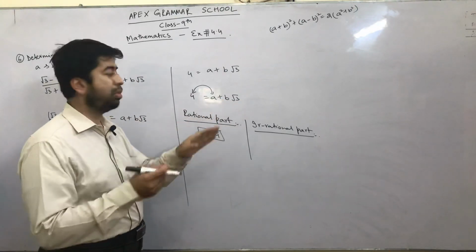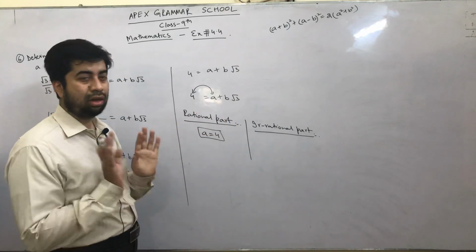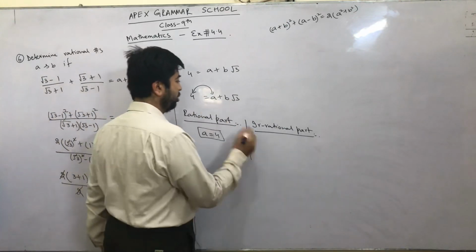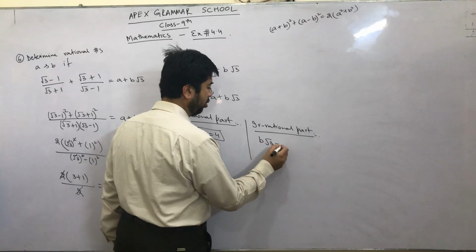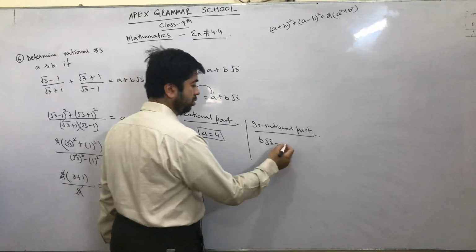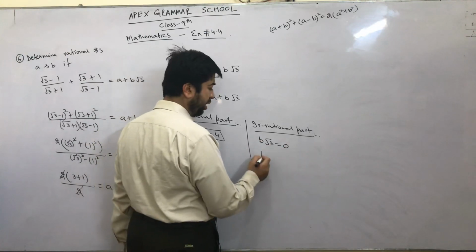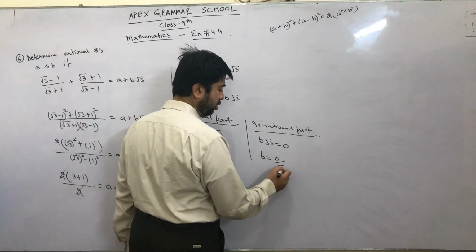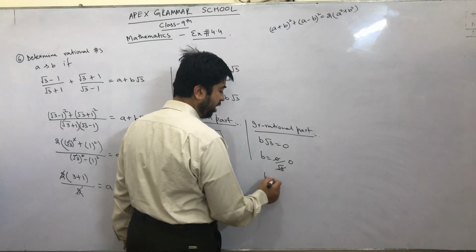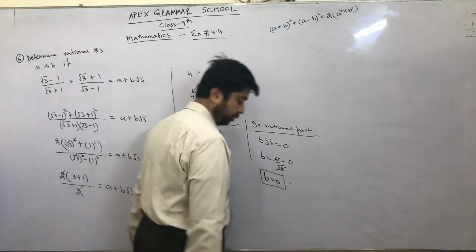So which number do I have to compare on the left hand side? Nothing, no number. So B under root 3 is equal to nothing here, so 0. This under root 3 is multiplied and is going to divide on the right hand side. So after cancelling, we have the value of B, that is 0.